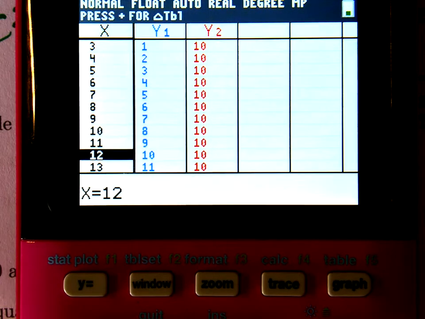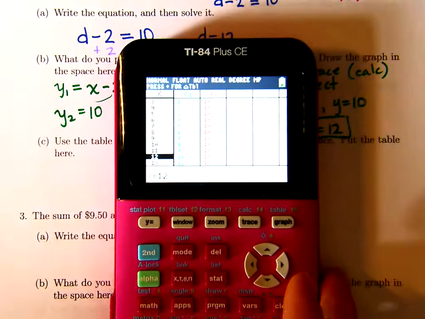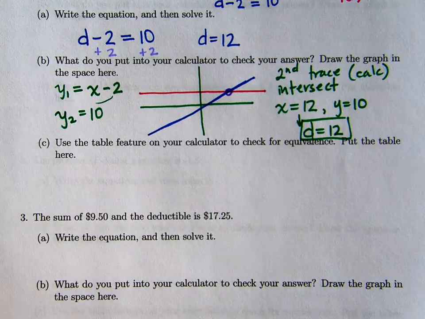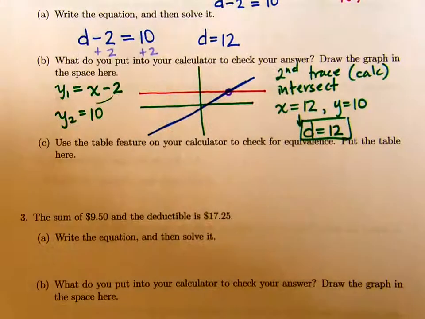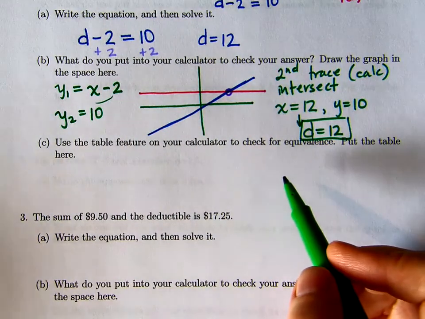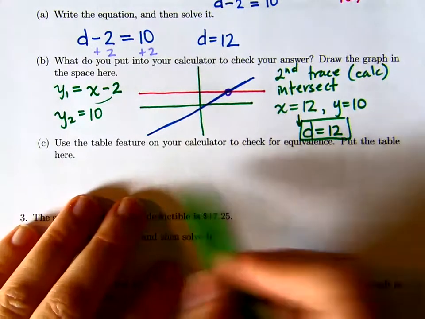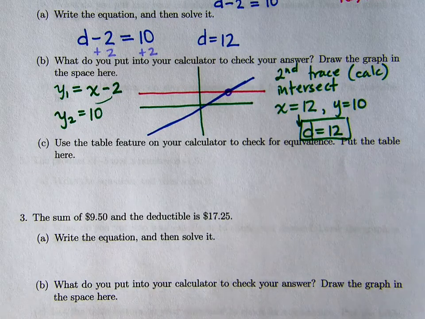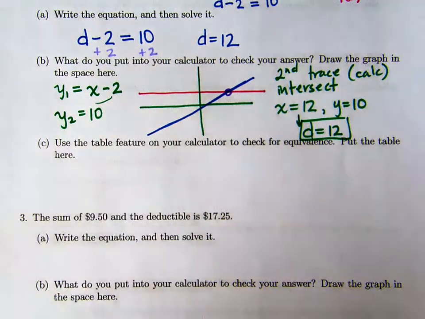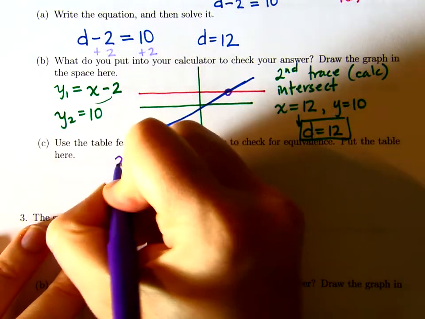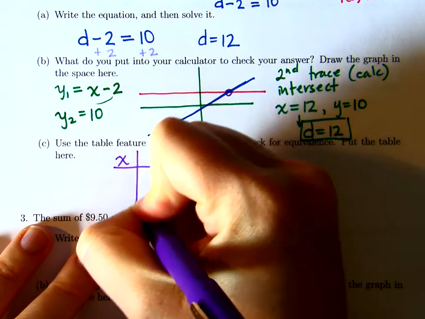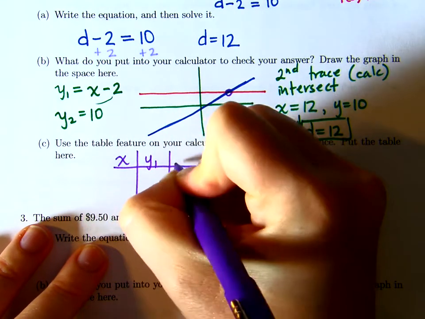Okay, so our table can also find us solutions or intersection points when they are equal. So we can find equivalence through the table. Let's see. Put the table here. So that looked like, I'm not going to put the whole table.